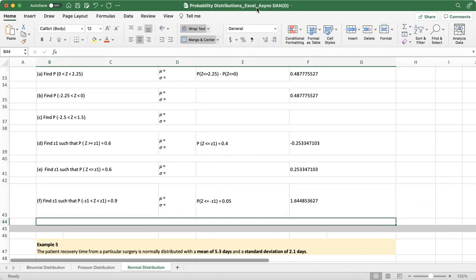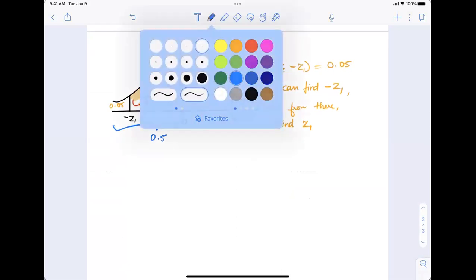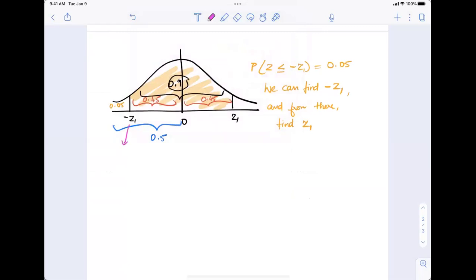So when you go back to your chart, when you have data running from, let me use a different color, this point is minus 1.644 and this point is plus 1.644.